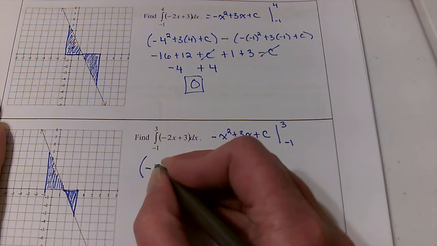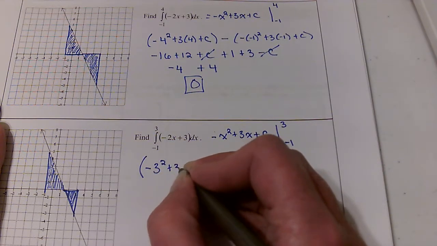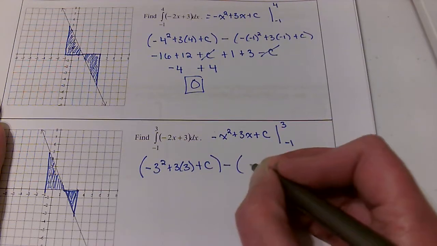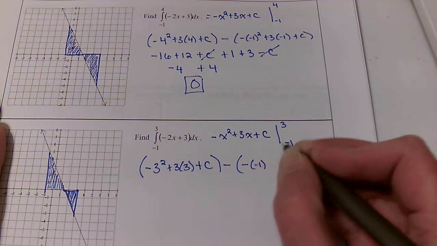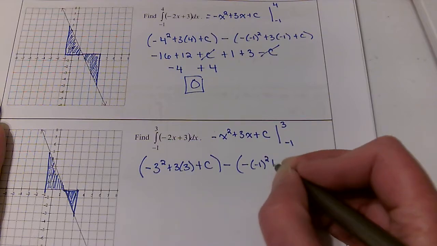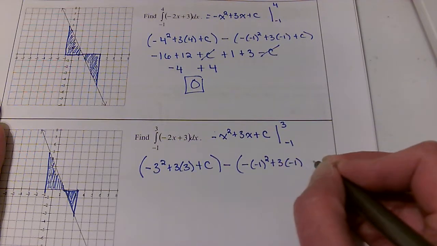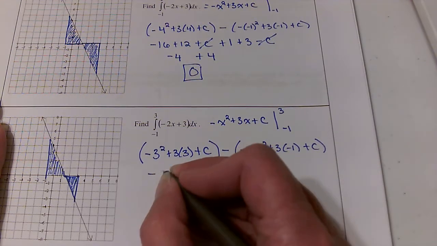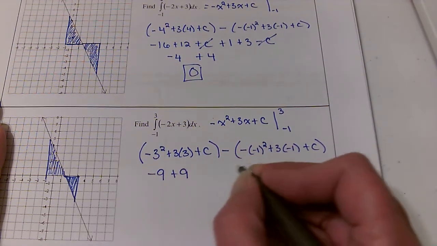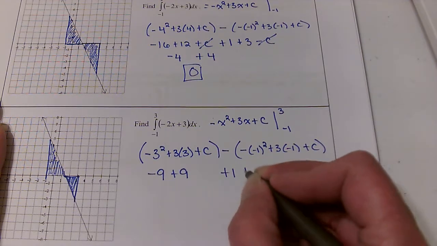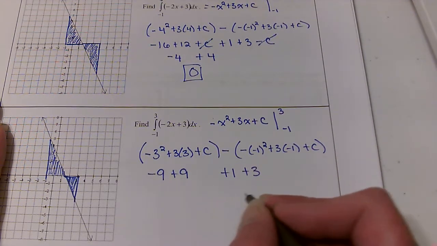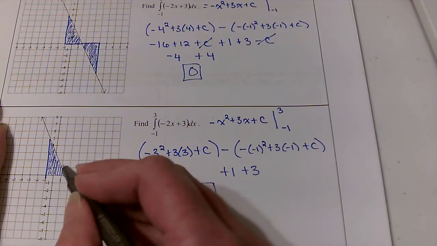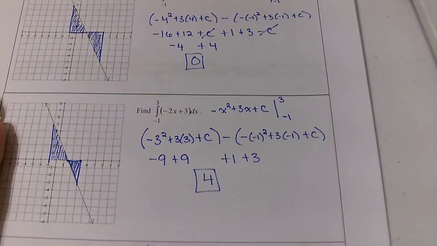Let's find out. Negative 3 squared plus 3 times 3 plus C minus negative 1 squared plus 3 times negative 1 plus C. The C's are going to subtract out. That ended up being plus 1 plus 3. So I end up with a 4. There is more positive area than negative area.